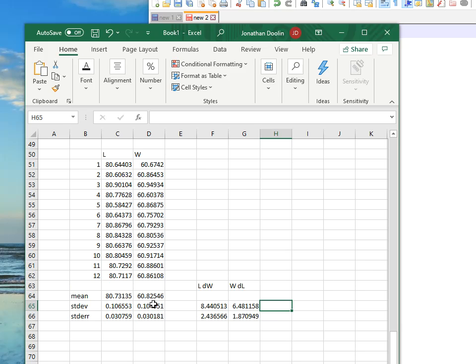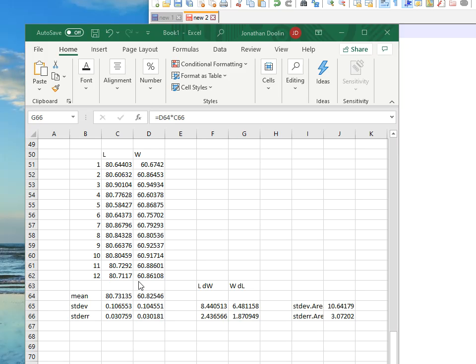So this will be the standard error of the area, and the standard deviation of the area is going to be equal to the square root of this squared plus this squared. And then that can be copied down because it'll just be using this squared plus this squared.